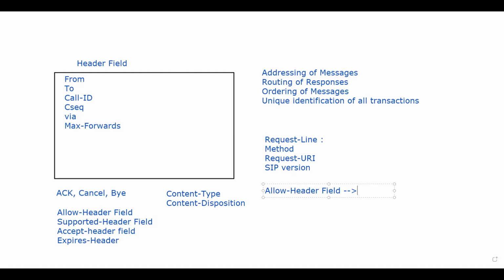This allow header field should be present in your invite message. Whenever you are checking the traces, you will be able to see the allow header; that is the name of the header.